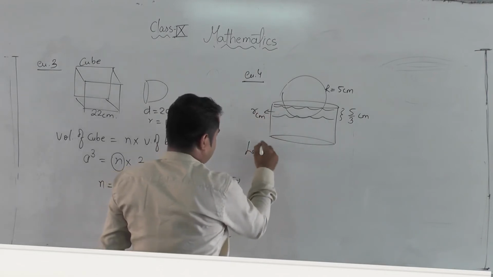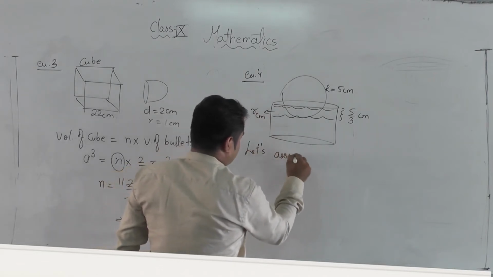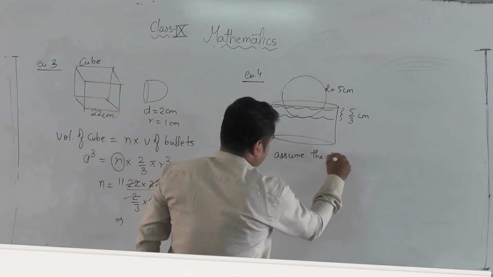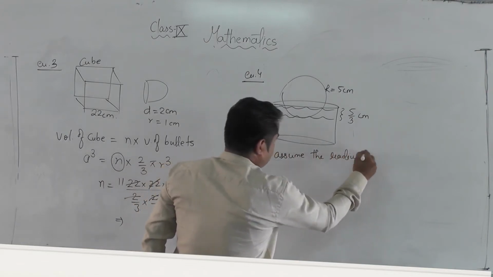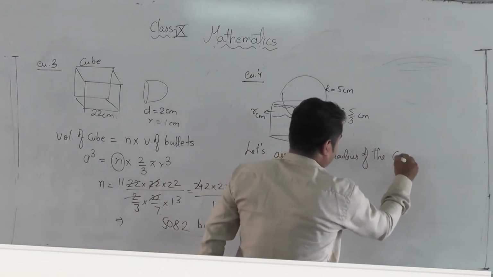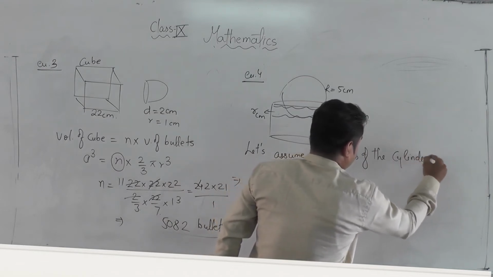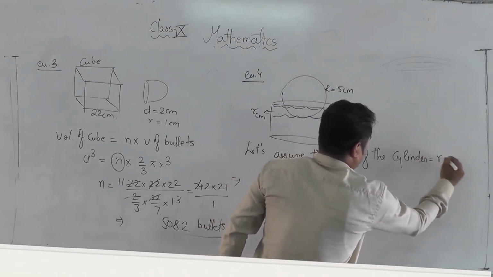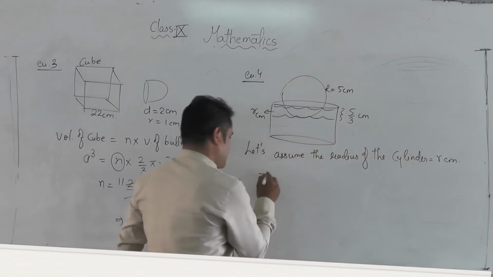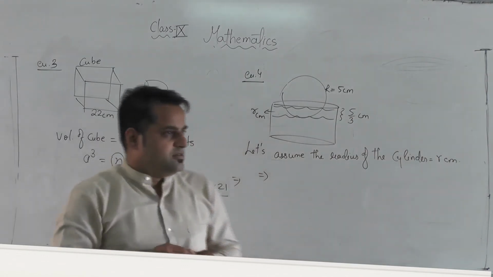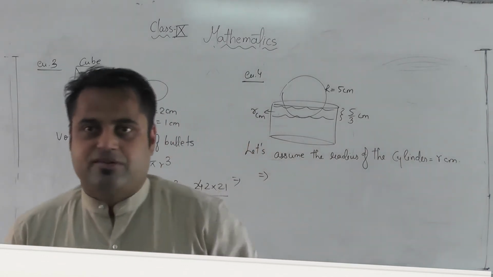So let's assume the radius of the cylinder, that is small r centimeter.